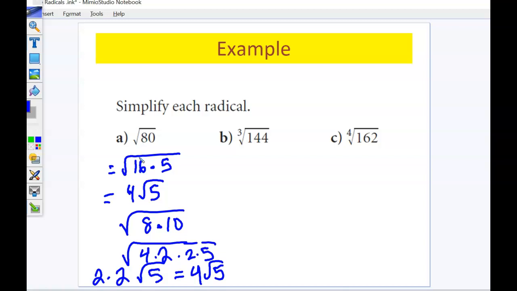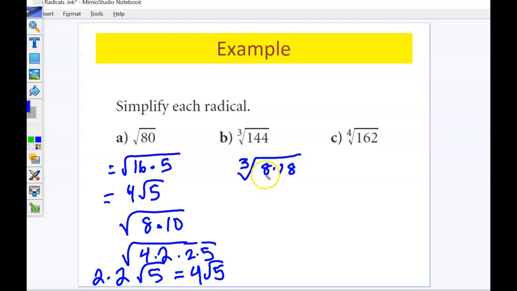All right, let's take a look at the cube root of 144. I have to look for factors of 144 that are perfect cubes. So the cube root of 144 is really equal to the cube root of 8 times 18.